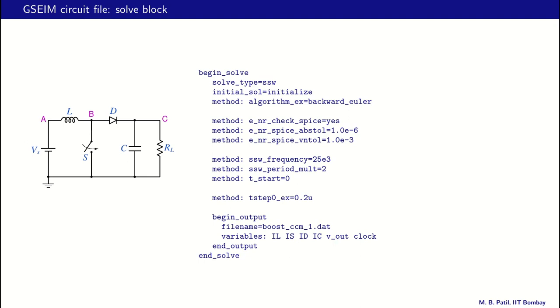A solve block also contains several other important statements. For example, here is a statement that tells the simulator which method to use, in this case backward Euler. What are the tolerance parameters to use, and since it's an SSW simulation, what is the steady state waveform frequency, that is 25 kilohertz, and how many periods we want to see, that is 2 here.